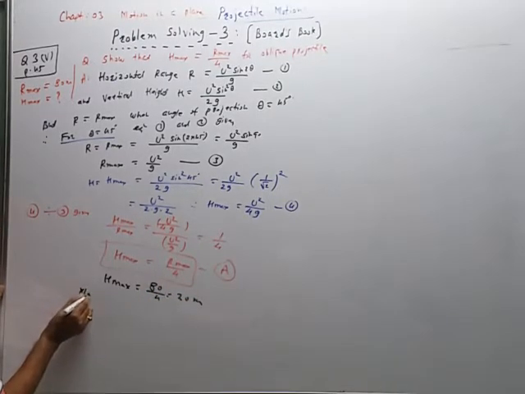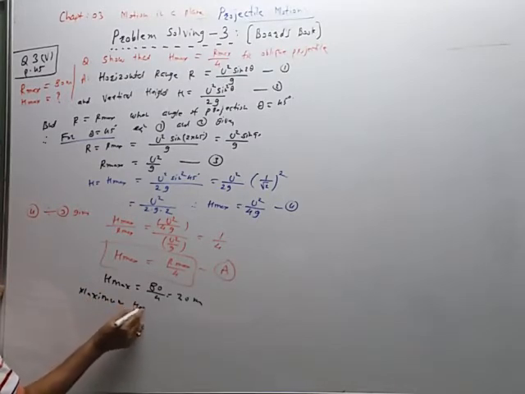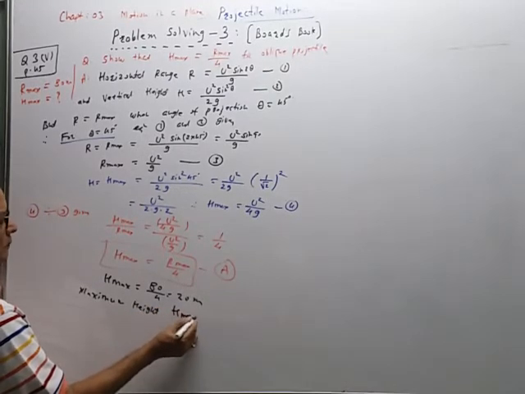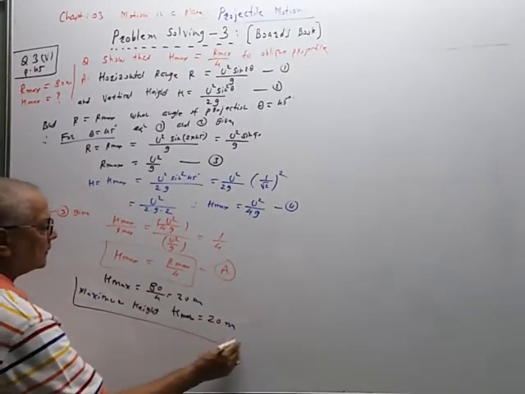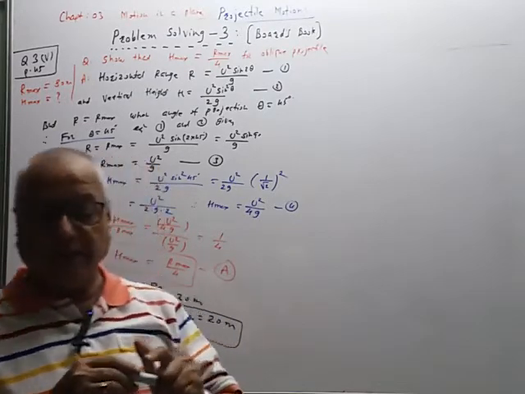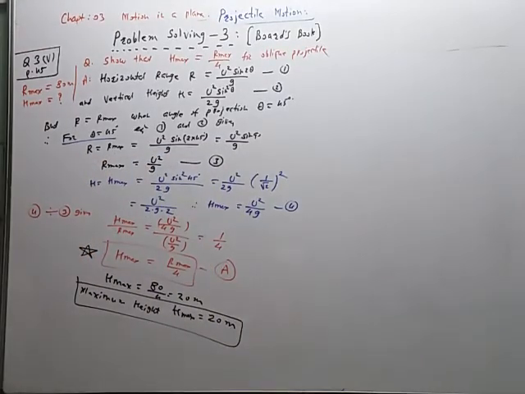So maximum height h max is equal to 20 meter. This is the answer. So this relation you can use for this type of problem directly. There is no need to prove this. So you can show this type of properties of projectile motion like this.